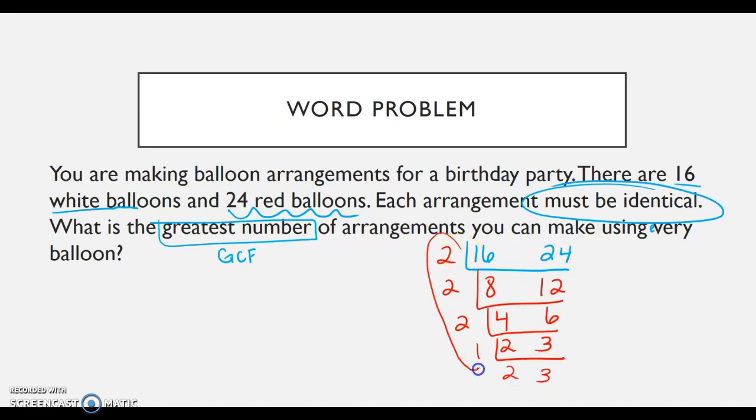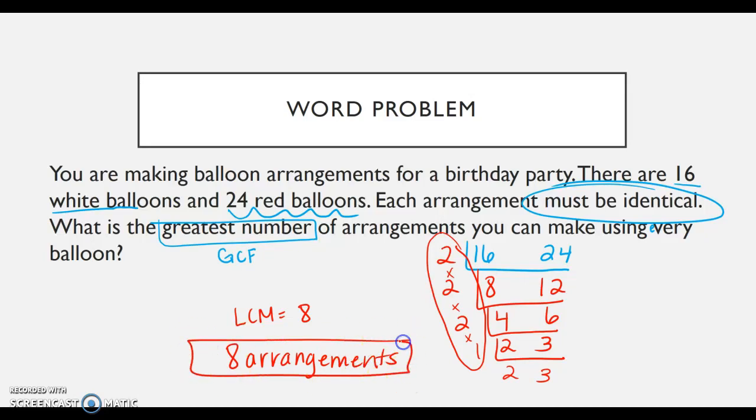So we look at our side numbers, we multiply that out, and we get our GCF of 8, which here is 8 arrangements. So we can make 8 identical arrangements without leaving any balloons left over.